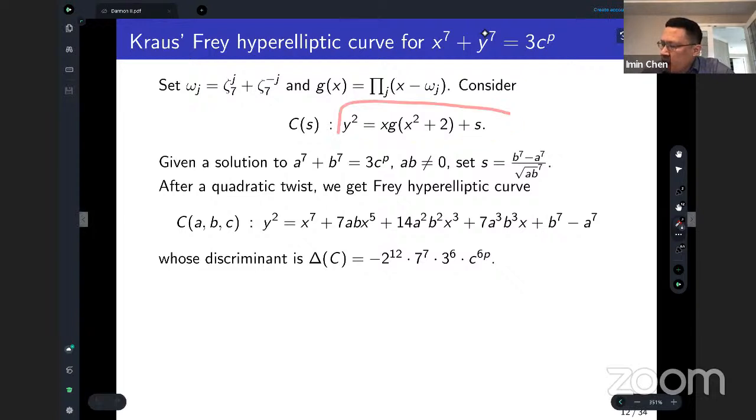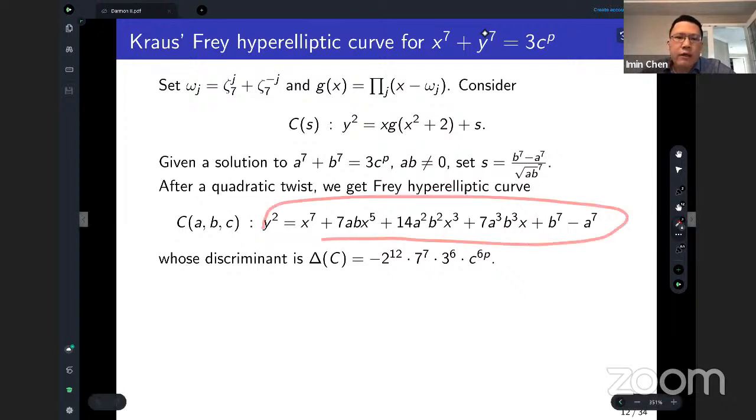In terms of the application to the generalized Fermat equation in question, we set this parameter s to be this expression in that non-trivial primitive solution. Then after a quadratic twist, we can move to an integral model, and it has this very nice explicit form.